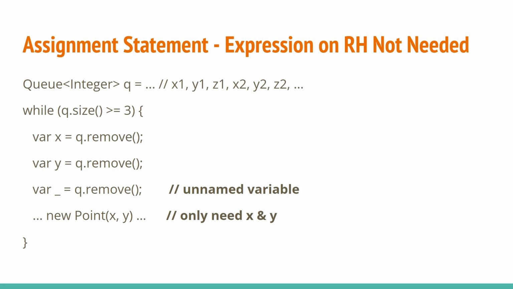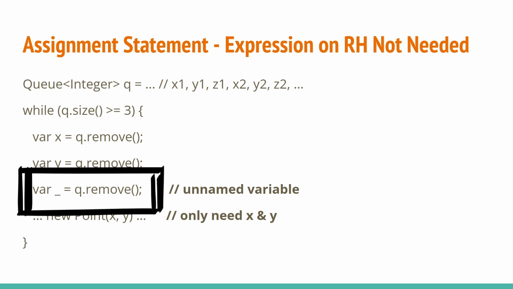This queue of integers is actually nothing but coordinates x1, y1, z1, x2, y2, z2, and we have a while loop. We are iterating over this queue, extracting coordinates one by one, and creating a new point using the x and y coordinates retrieved from this queue. The third parameter z we actually don't need. So we can assign an unnamed variable for it. It makes our code more readable.